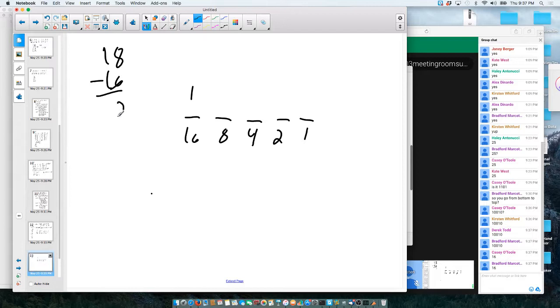Subtract out 16. You're left with 2. Hey, look at that. It's in 1. The biggest power of 2 less than or equal to 2 is 2. Boom, boom, boom. Okay? So both ways work. All right? So any questions on that? You guys more or less comfortable with what we're talking about, going back and forth between binary numbers and decimal numbers and all that? Sounds good? Okay. All right.